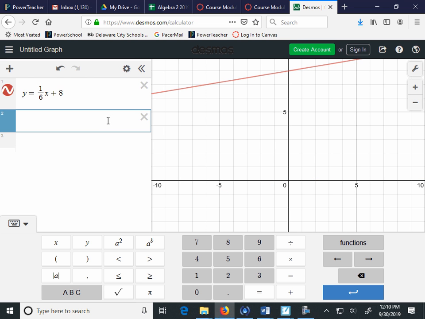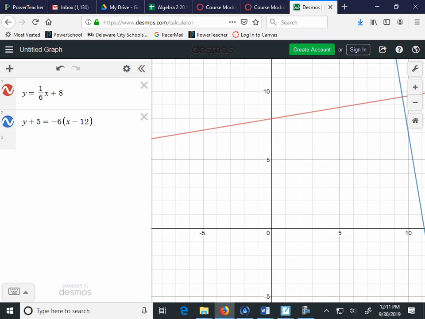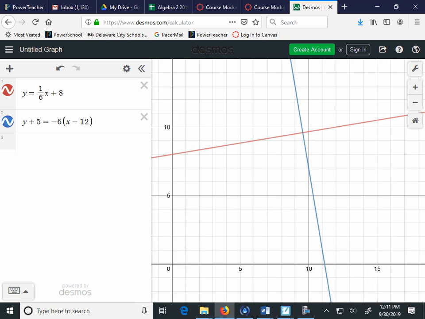Plug in our answer, which was y plus 5 equals negative 6 times x minus 12. I have to search for it a little bit. But there we go. That's where they intersect.